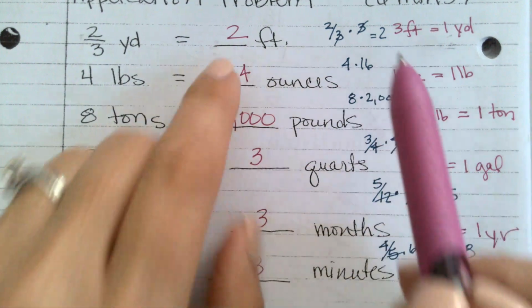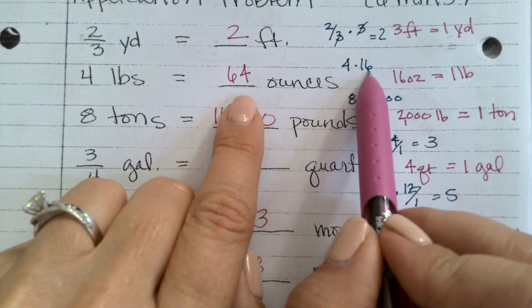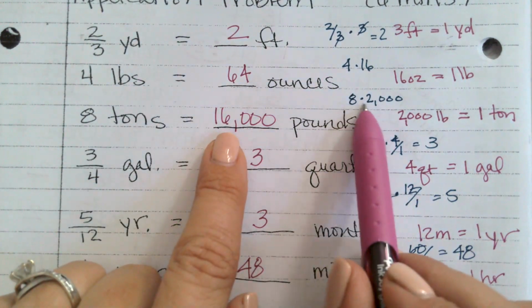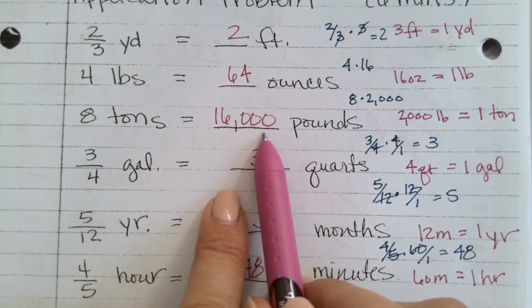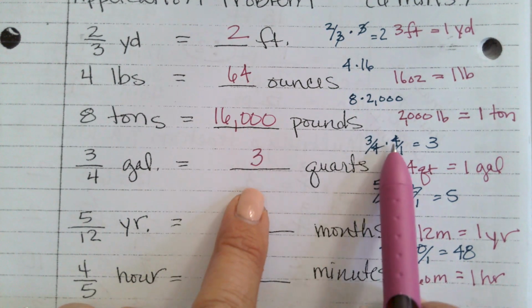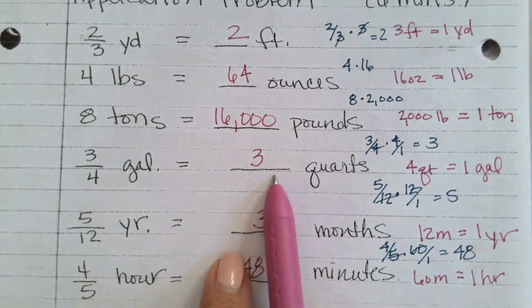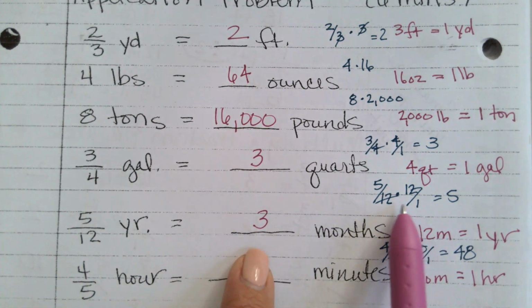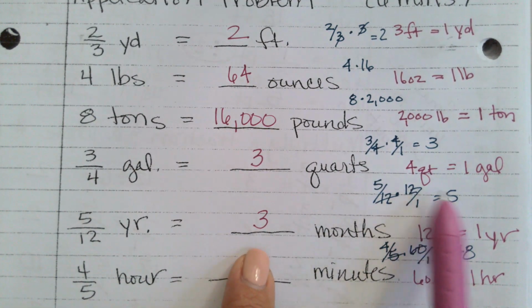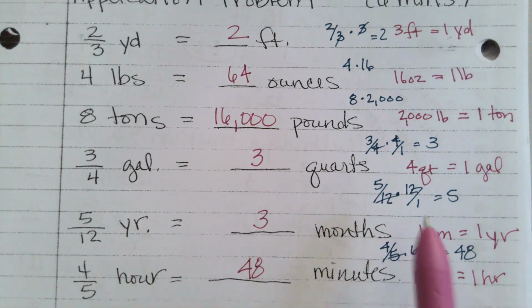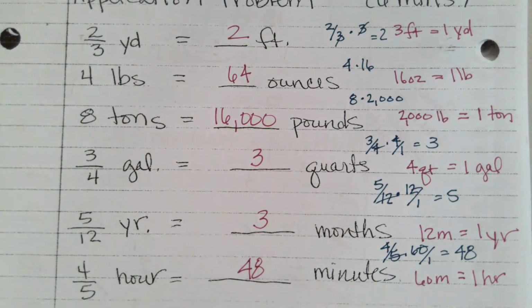2/3 times 3, 2. 4 times 16, 64 ounces. 8 times 2,000, 16,000 pounds. 3/4 times 4 is 3 quarts. Here is 5/12 times 12 is 5. Whoops, 5. Was it 5/12? Yeah, 5/12.